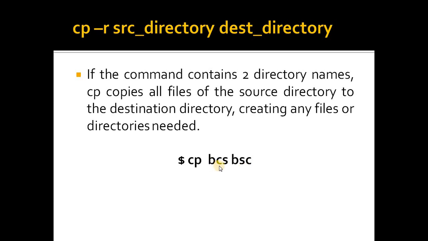BCS is a directory and BAC is also a directory. In this case, all the files in the BCS directory will get copied into the BAC directory. But if the BAC directory is already there, then it will create a subdirectory in the BAC directory and all the files will get copied into it.